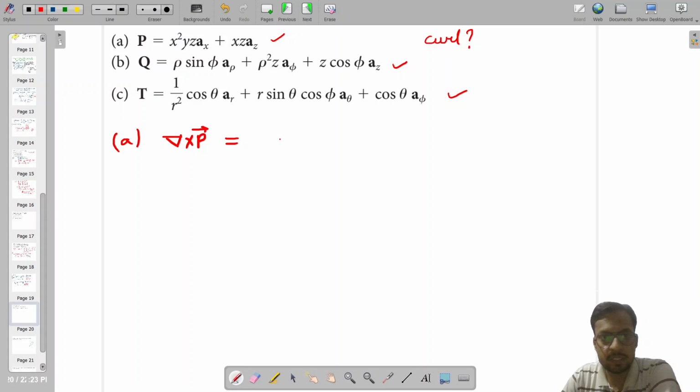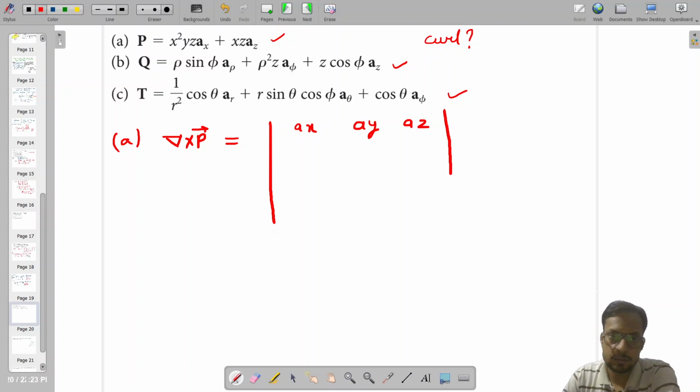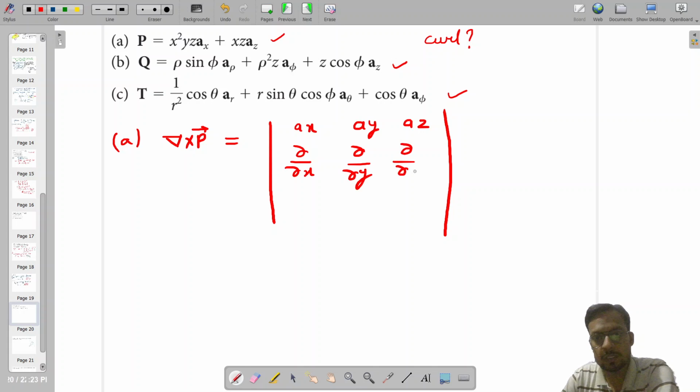So del cross P can be written as the determinant with ax, ay, az, then del upon del x, del upon del y, del upon del z, and the components: x square yz, y component is 0, and xz.